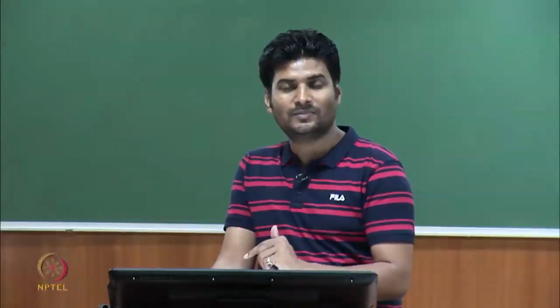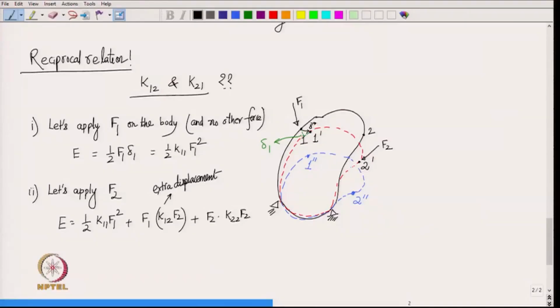So, work done by F2 will only be in going from 2 prime to 2 double prime, not in going from 2 to 2 double prime, right. So, what is the extra displacement? That is then only due to F2, which is K22 into F2, and this has to be divided by 2, because we are ramping up the force F2 slowly. So, notice that we did not divide the earlier term by 2.